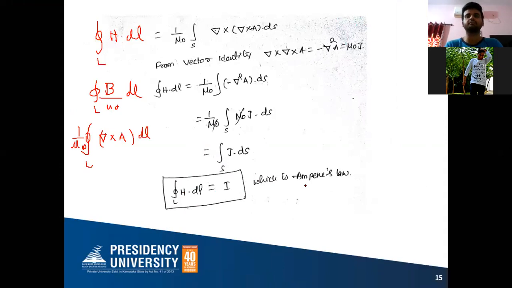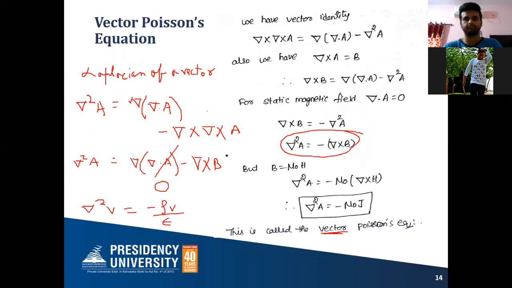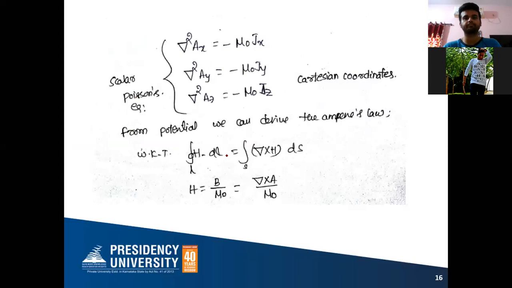So this time the approach was different. This time we did it using vector identities, the concept of magnetic vector potential, del cross A equals B. Using all these identities, we got this conclusion. Rest everything is the same.